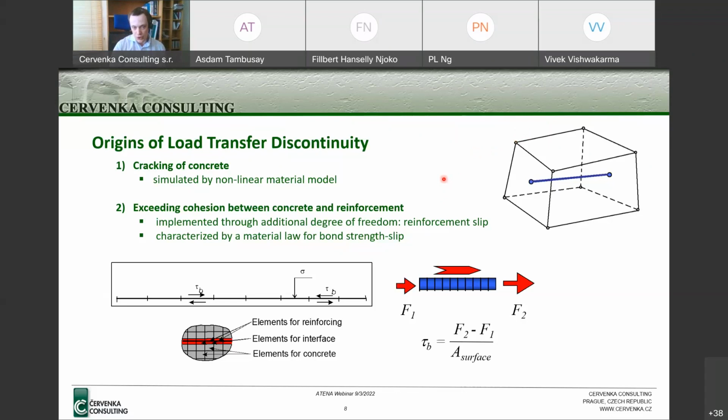One, if the surrounding concrete is subjected to stresses which it can no longer withstand, a crack will appear in the element. For example, if we imagine this element with tension applied to the reinforcement inside, it will also create tension in the element. The element will finally crack, and discontinuity in strains will occur.